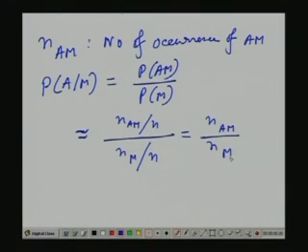So, what is the corresponding probability? That is the number of times A occurs with the fact that M has occurred, divided by total trials with M known to be occurring. Okay. So, this is called conditional probability. It means that subject to the fact that M has occurred, what is the probability that A also occurs? This goes for P(A/M). This is a physical interpretation.